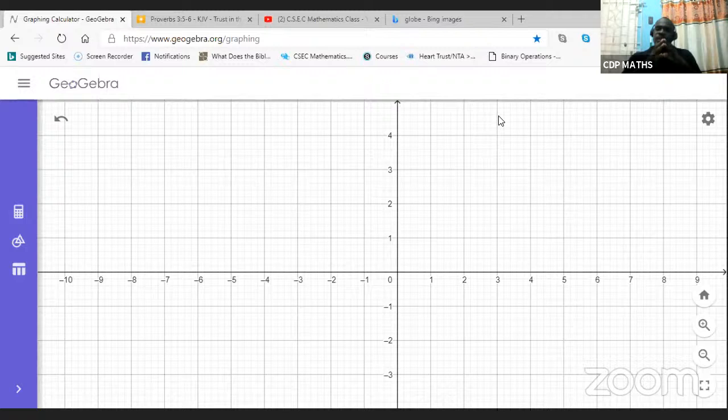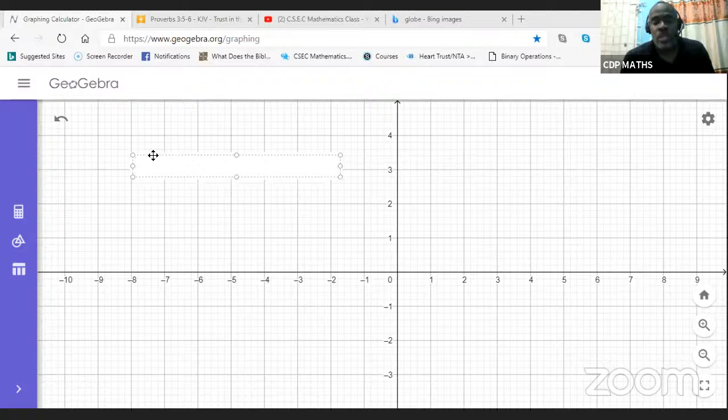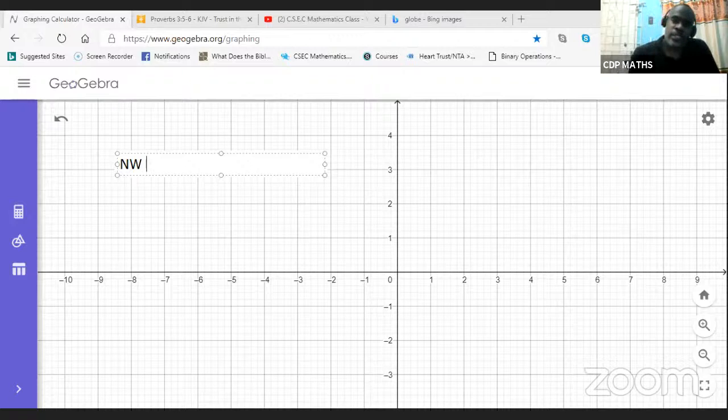When they're given direction, and probably you learned it in social studies too, they normally use two coordinates, either northwest, northeast, southwest, southeast, to describe their location.